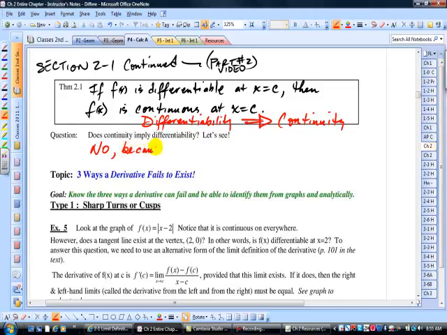There are functions which are continuous everywhere, but not differentiable everywhere.